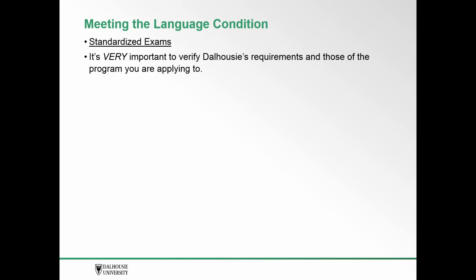The majority of Dalhousie's graduate programs require, in terms of the international exams, an IELTS of 7.0 overall, or a TOEFL iBT of 92, but there are exceptions. Certain programs require a higher exam score, and it's very important that you know the exam score that's required for the program you have gained conditional acceptance to.